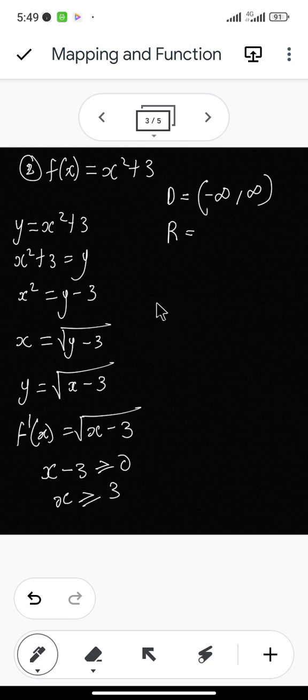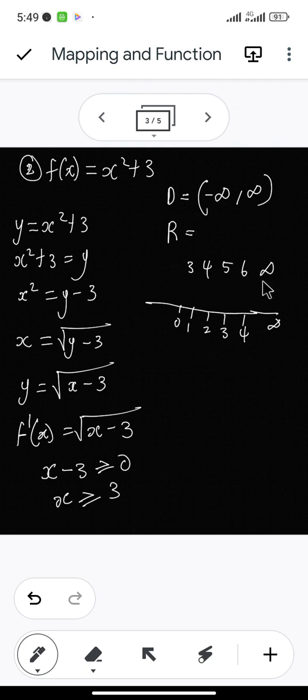Now what does this mean? On the number line, you can have 0, 1, 2, 3, 4, down to what? Infinity. Now x can be equal to or greater than 3. So the set of values can be either 3, 4, 5, 6, down to infinity.